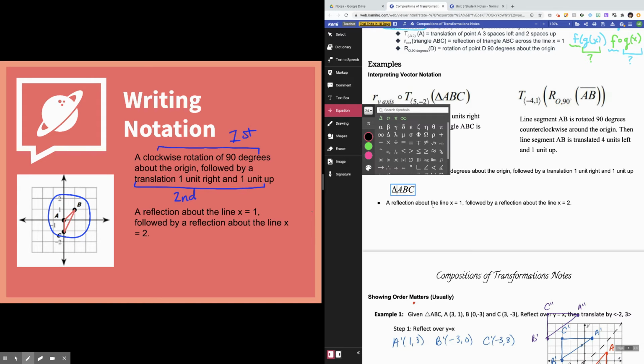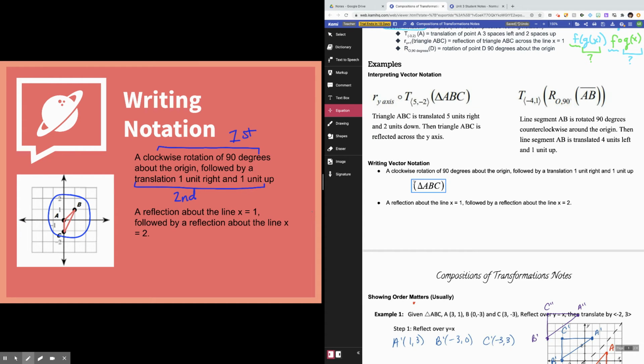That's where I'm starting. And then I'm going to work from the inside out. Actually, you know what? I'm going to get rid of it this way, and I'm just going to write it physically out. So I'm starting with triangle ABC.